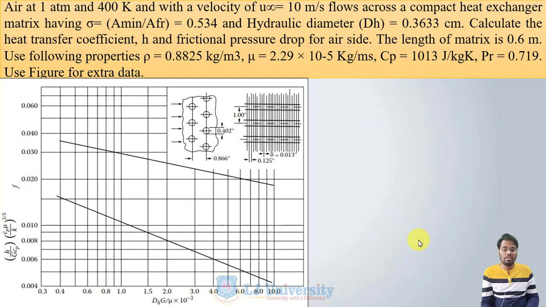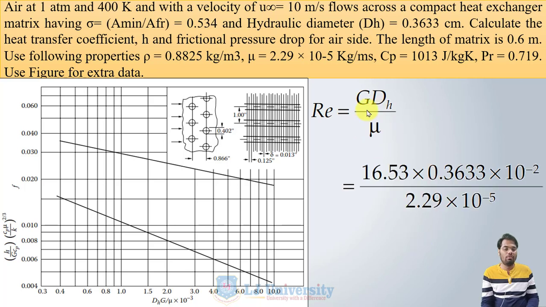Now, using this value of G, we can find the Reynolds number, which is G d_h upon mu. Putting in G, d_h as 0.3633 hydraulic diameter, and viscosity 2.29 into 10 raised to minus 5 kg per meter second, we get a Reynolds number of 2622 into 10 raised to minus 3.